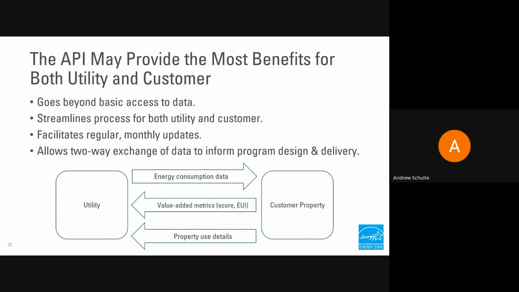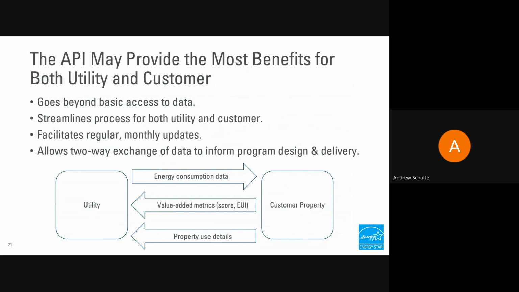But I do want to be clear that all else being equal, we do feel that the API method of data delivery is a more complete solution, because it's not just a one-time, one-way delivery of data. It really allows you to set up that channel through which ongoing monthly aggregate consumption data can be sent to your customer's Portfolio Manager record.